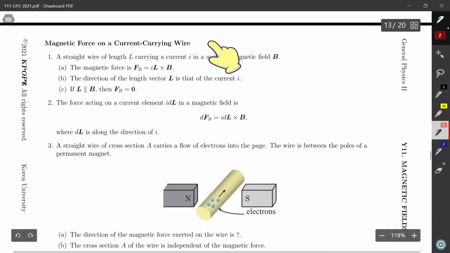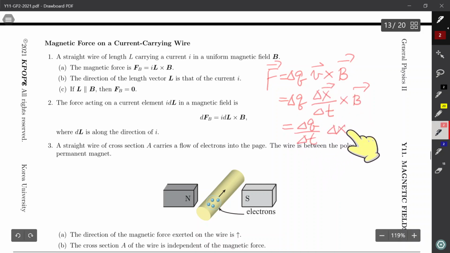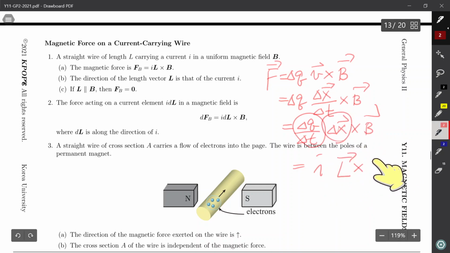Magnetic force on a current carrying wire. We learned that the magnetic force is Q V cross B. Here, Q V can be written as Q over delta t times delta x, that is delta Q over delta t and delta x, times V. And this is the current.